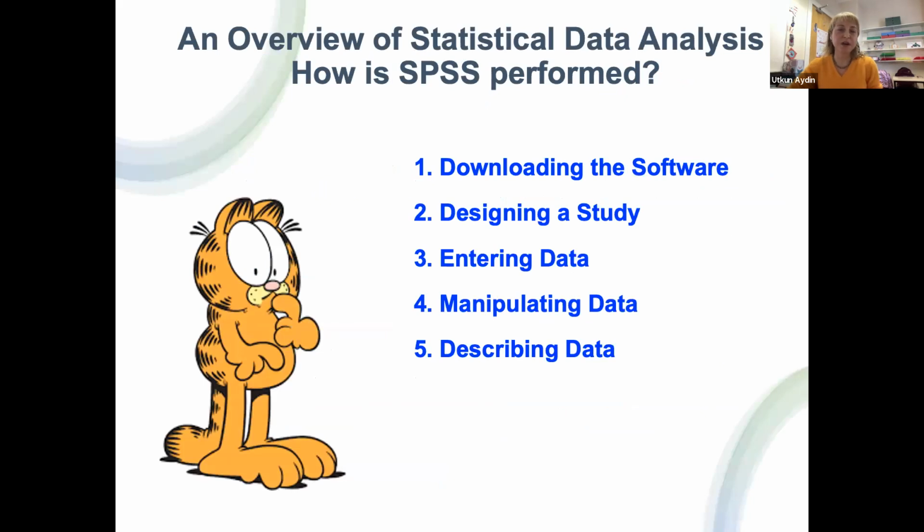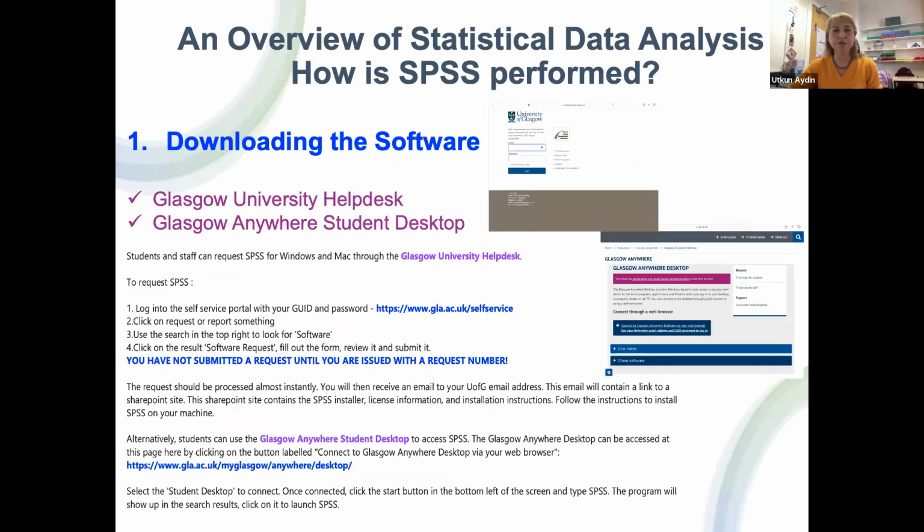How is SPSS performed? I tried to summarize it in 5 steps. For sure, the first step is the download process, and students and staff can request SPSS for Windows and Mac through the Glasgow University help desk. You can follow the instructions to install SPSS on your machines.